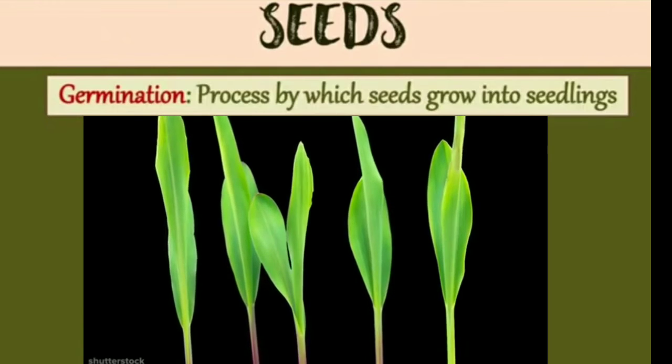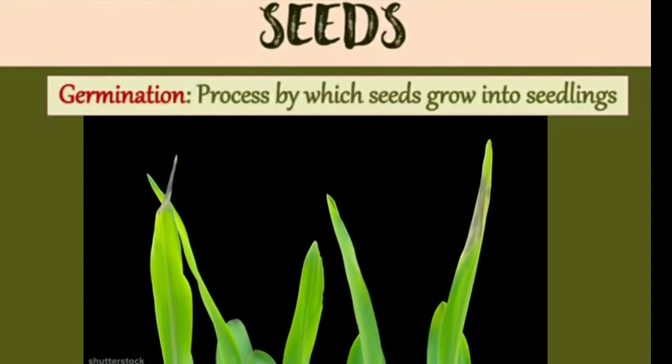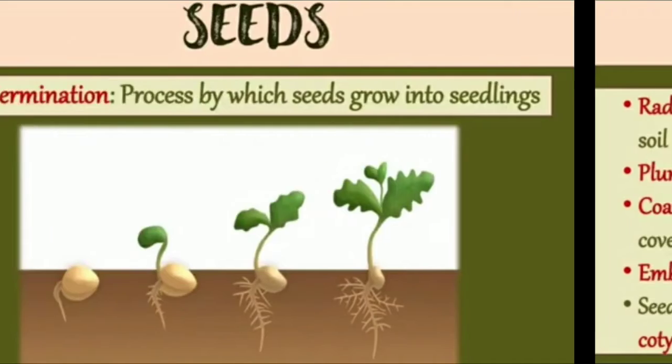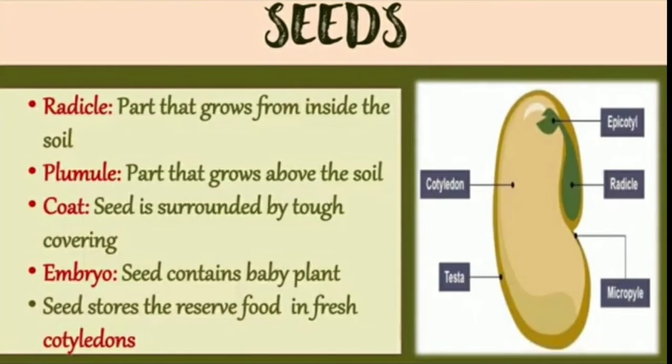Are you getting me, children? Good. So, what is a radicle? It is the part that grows inside the soil. Plumule. It is the part that grows above the soil.